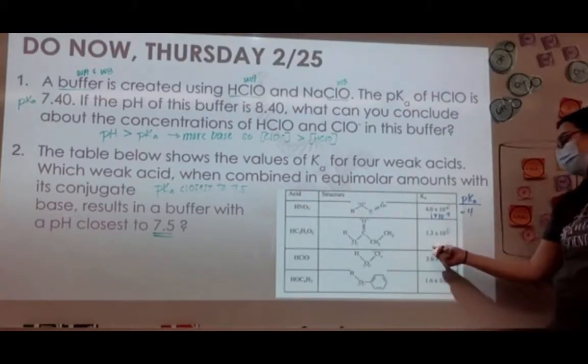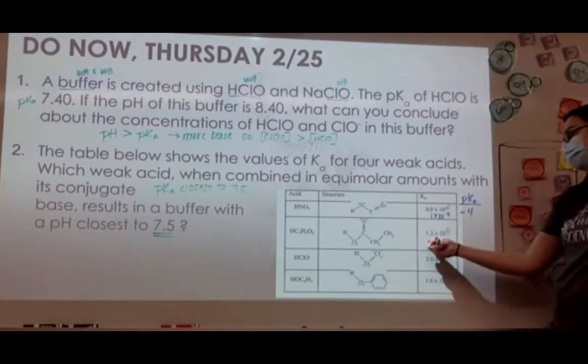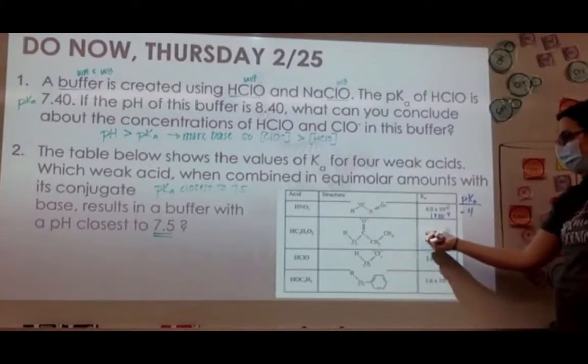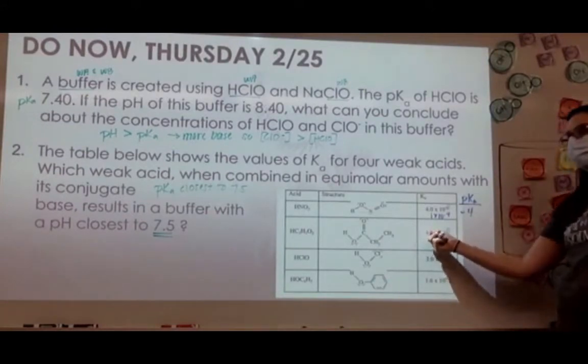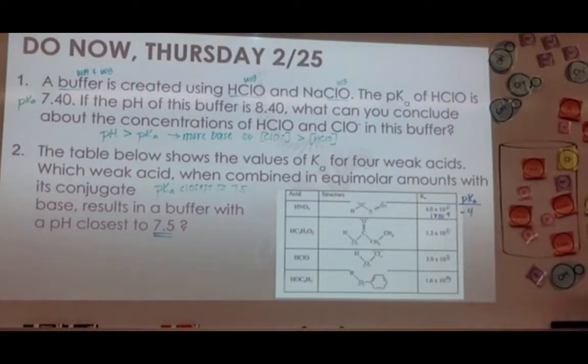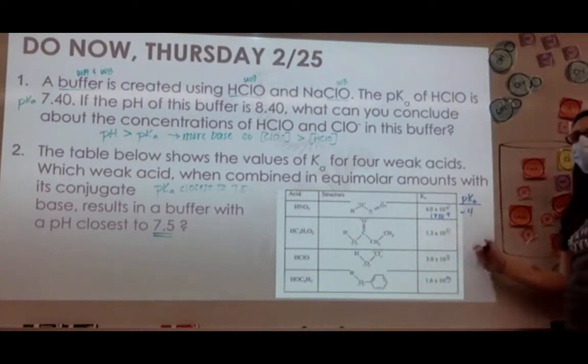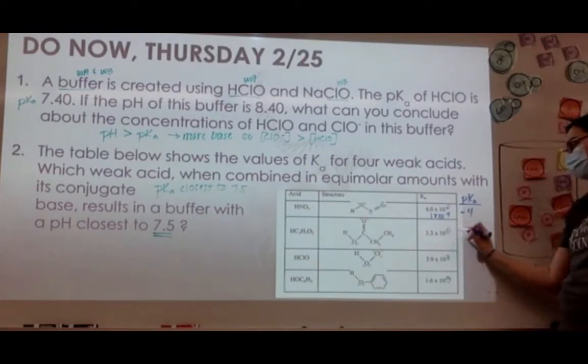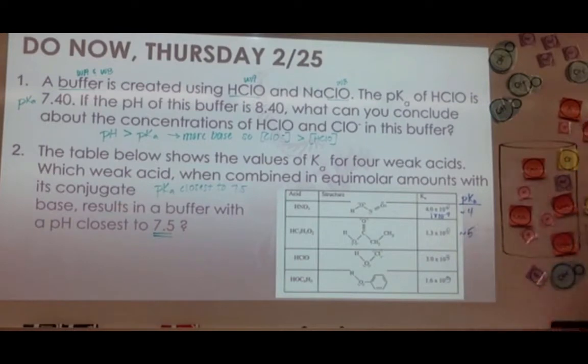For HC3H5O2, this isn't a 1, but 1.3. All we can do to estimate is look at the absolute value of the exponent. So negative 5, that's a 5. So pKa is about 5.